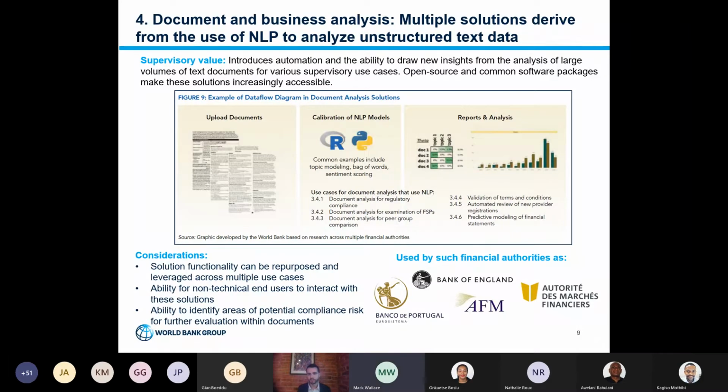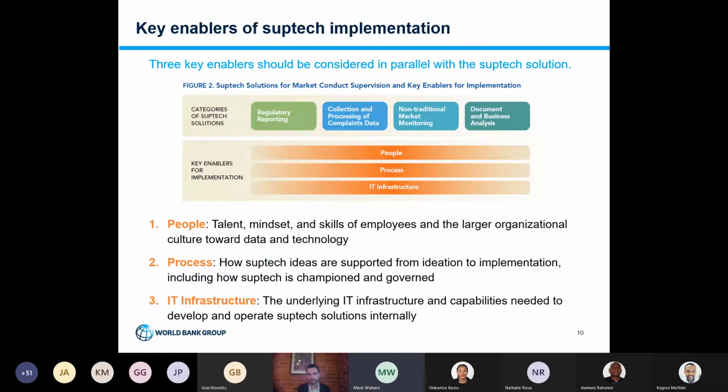And then some last points here as you're thinking about solutions and how to implement them today. What we found across authorities is that a Suptech solution is about more than just the solution itself. And what you heard already earlier from the diagnostic is that embedding modern technology and data into the supervisory process is an ongoing effort and really requires parallel investments in people, your processes, and your underlying IT infrastructure.